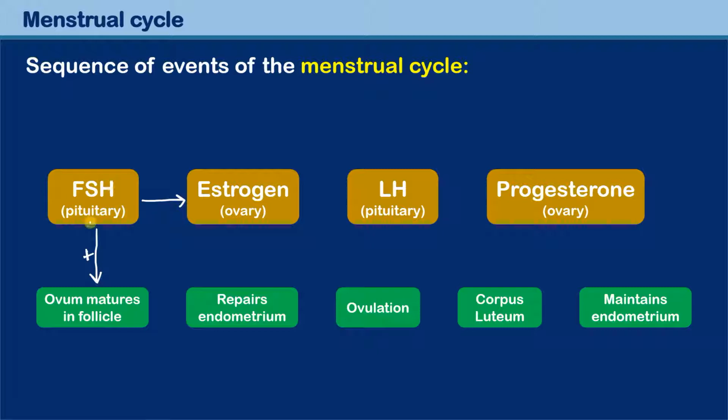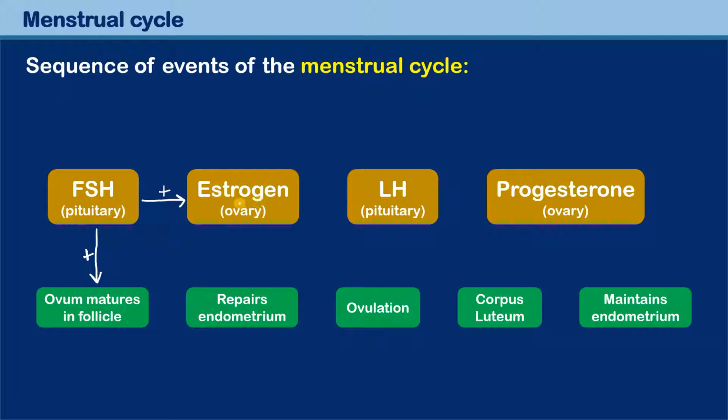So in that sense, FSH has a double effect on the ovary. It stimulates egg cell production and also estrogen production. Therefore, I'm also going to draw a little plus over here. And so we see that one hormone is able to turn on another hormone.